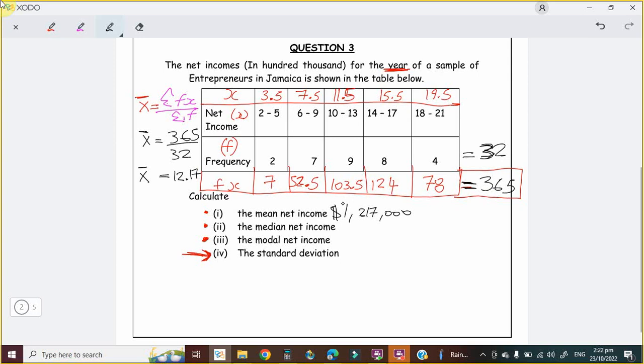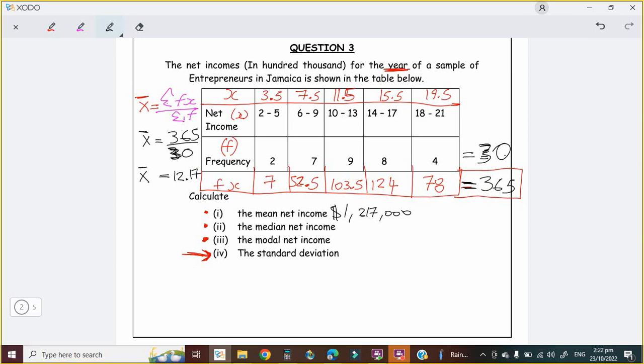The sum of f, oh, it's 30, sorry. Sorry about that. So 30, and that is the mean income.